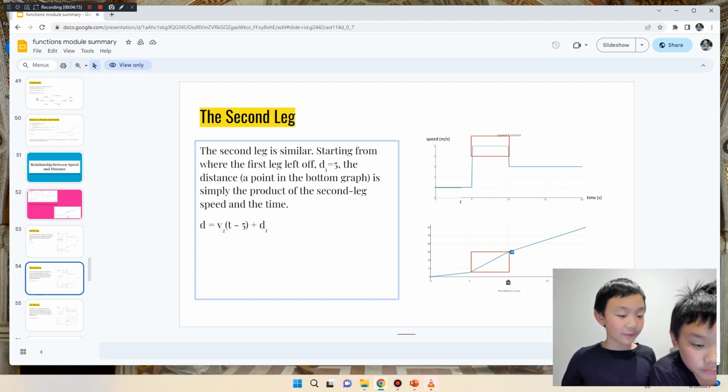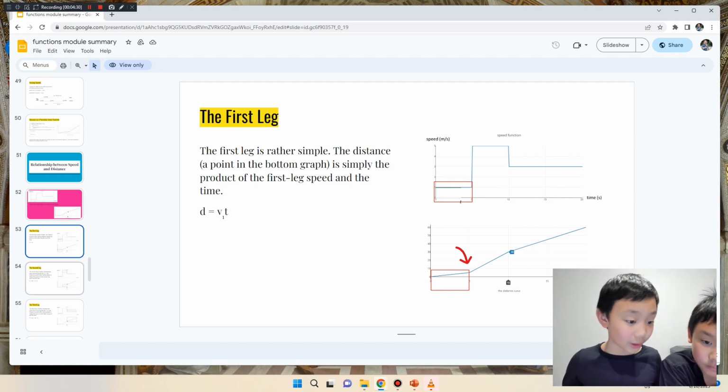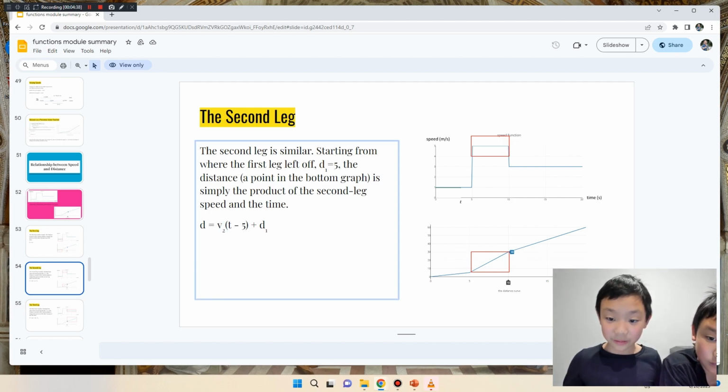It's just a new speed different from V1. t minus 5 is the time from here to there. And plus distance 1, because distance 1 is where leg 1 left off. Distance 1 is from 0 to 5. So that is how you get the second leg.